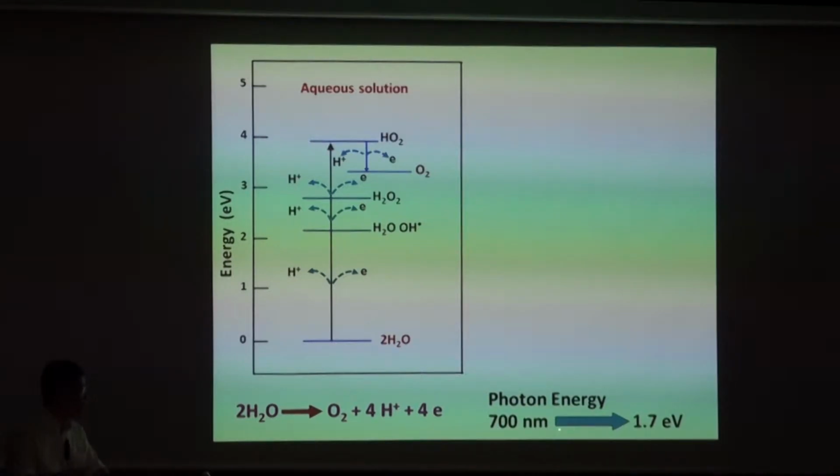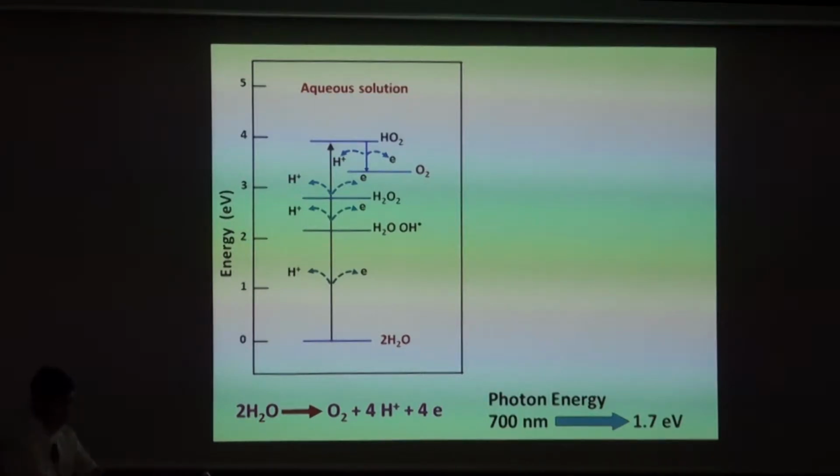If you consider the energy of 1 photon of visible light with a wavelength of 700 nanometers, 1 photon has an energy of 1.7 electron volt. So theoretically, this energy is not enough to drive this reaction. Of course, in order to drive a reaction, you need a higher energy than this.